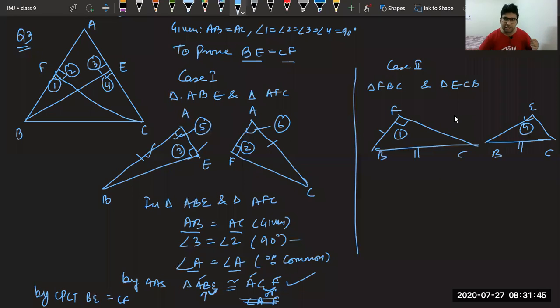The third thing is, all of you, what is the third thing? Yes, angle B equal to angle C, because the triangle is isosceles. So 1 equal to 4, BC equal to BC, and angle B equal to angle C. So by double AS, you can prove this also.